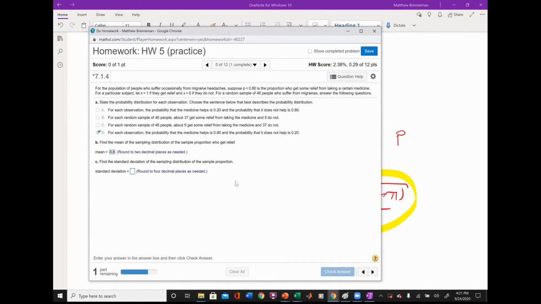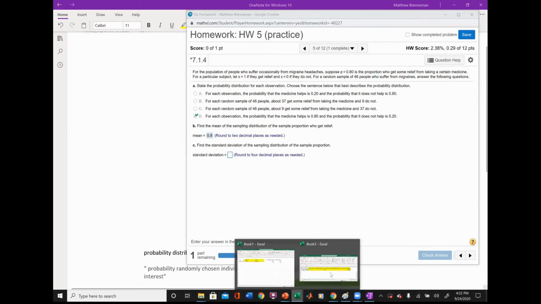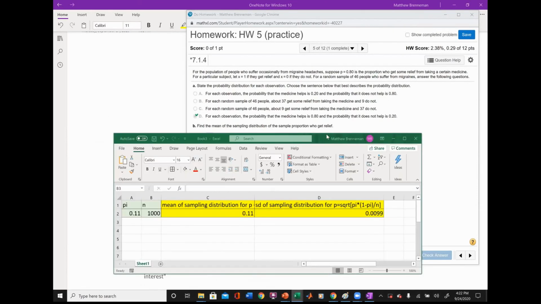They want to know, okay, if we keep on taking samples of size 46 from this population, where the population percentage is 80%, we're going to get that normal distribution for the sample percentages. What is the standard deviation of that normal distribution? And guess what? We done did it, right? That's that Excel calculation. So go back to Excel, bring up our sheet.